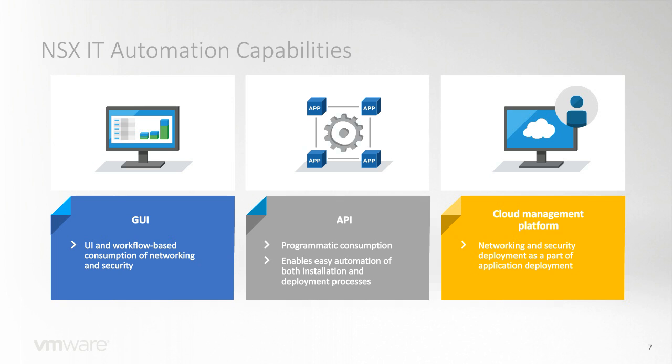And there's another one for network introspection, which is used by a lot of our partners now when they need to get access to the network traffic from the VM before it hits the virtual switch. So if you work with one of our firewall partners for layer 7 firewall inspection, they install a service virtual machine on each host, and then they get to see the traffic before it even reaches the virtual switch if it's steered to them, and that's all automatically done by the API as well.